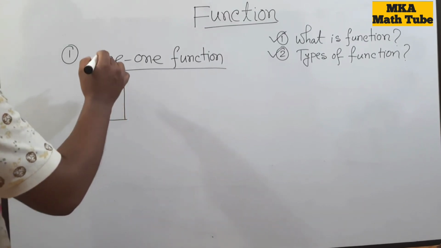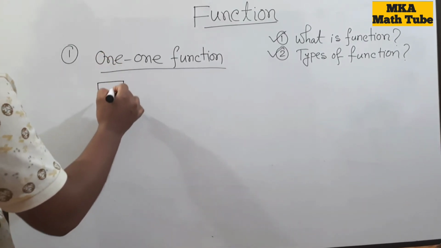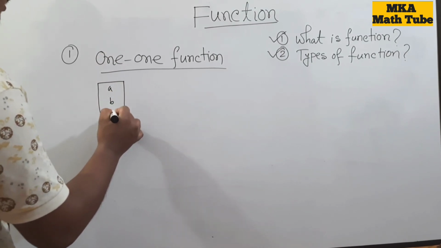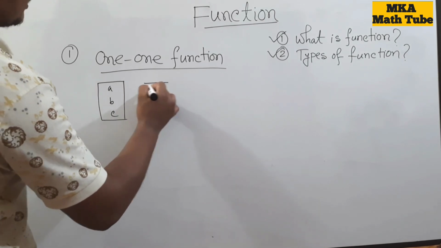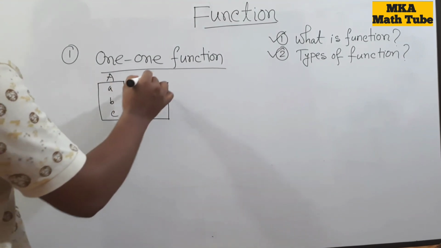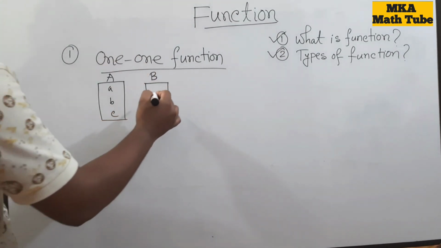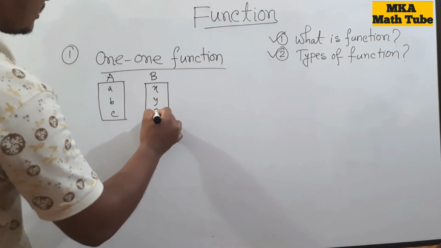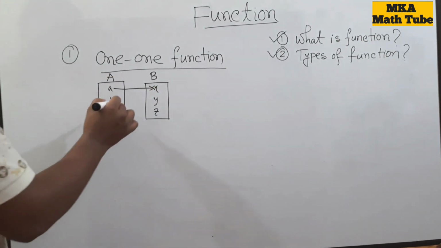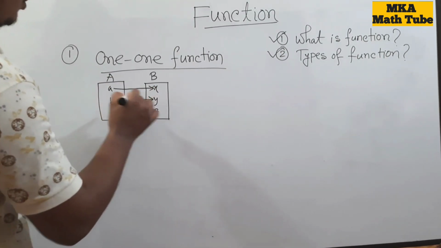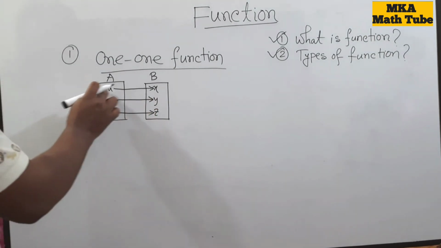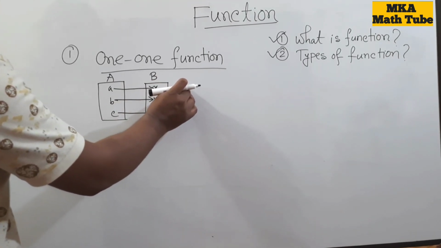Suppose the elements of set A, that means the input, are A, B and C, and another set B has x, y, z. For input A we will get the value x, for input B we will get value y, for input C we will get value z. That means for each value we will get a different output.